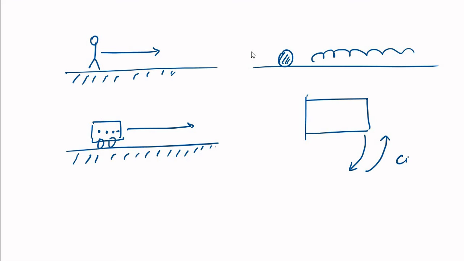This is circular motion. Or the movement of a screw, when we rotate it in a clockwise or anti-clockwise direction, this is circular motion.